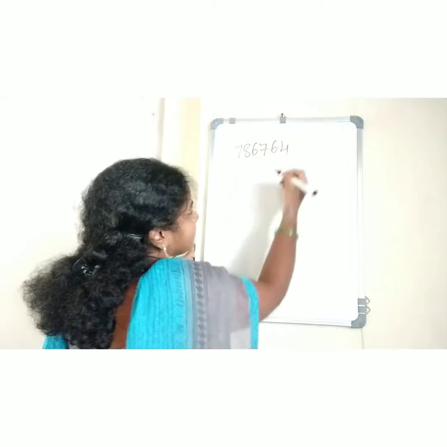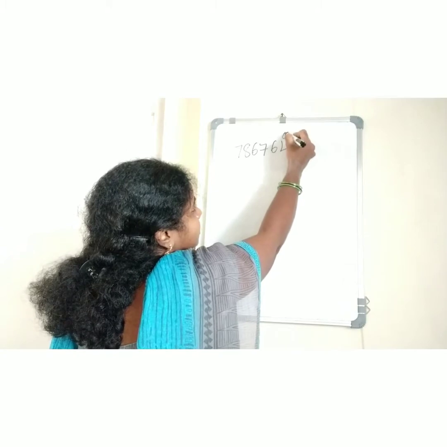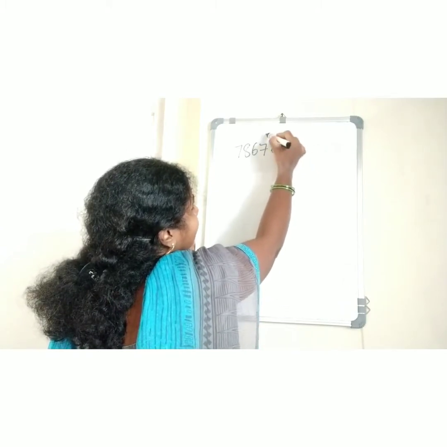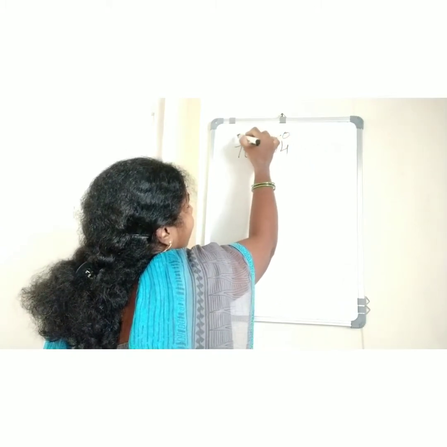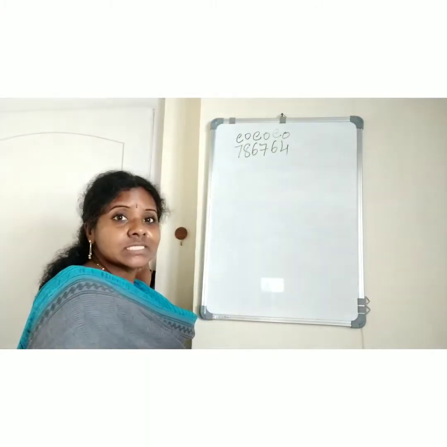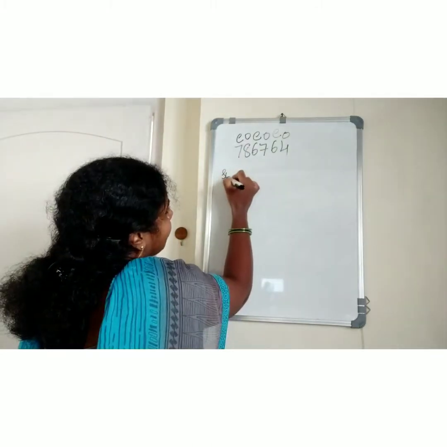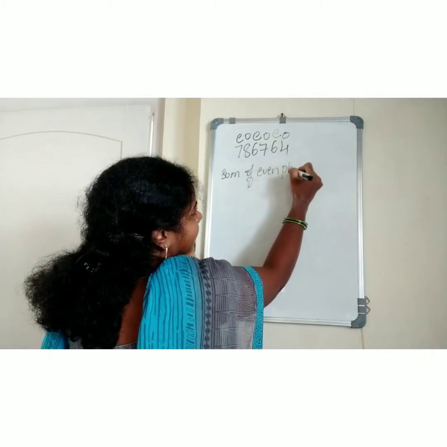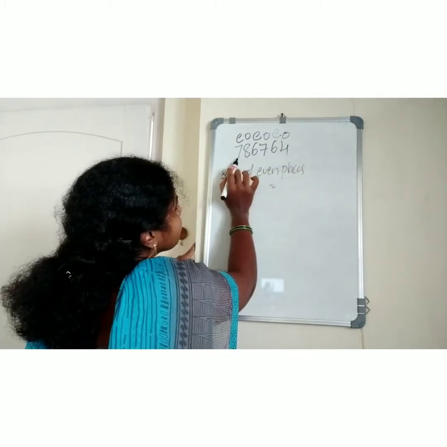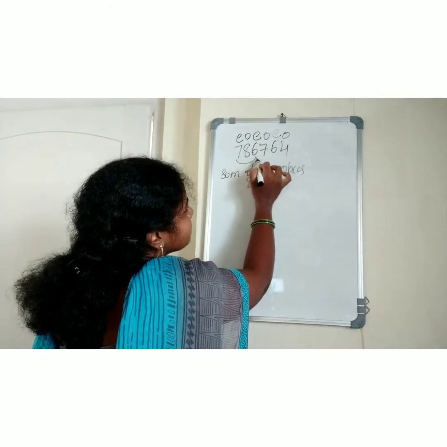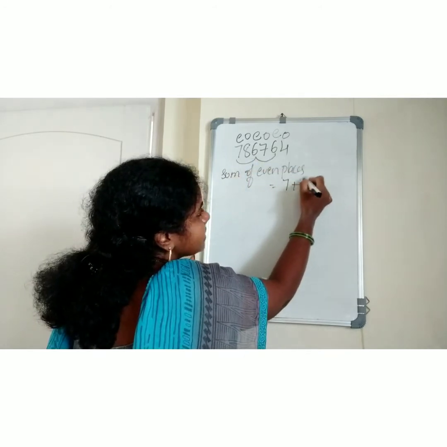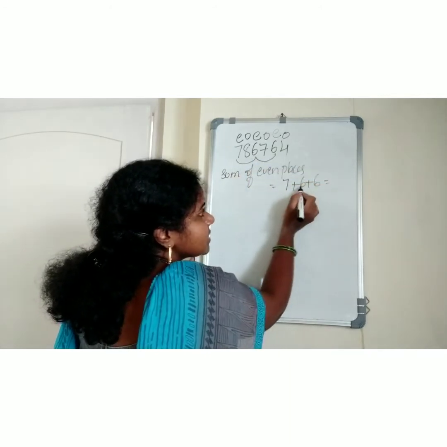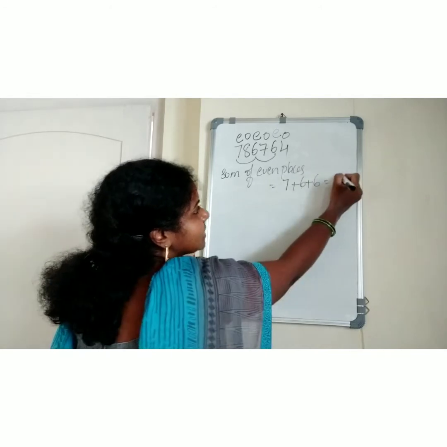See this sum. Odd place, even, odd, and even. Now, sum of even places is equal to 7 plus 6 plus 6. 6 plus 6 is 12. 12 plus 7 is 19.